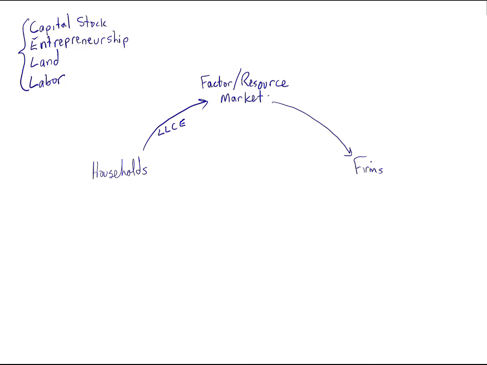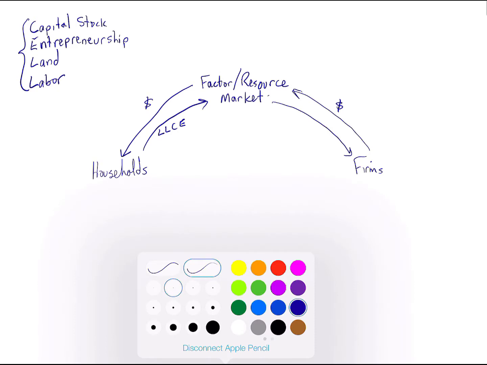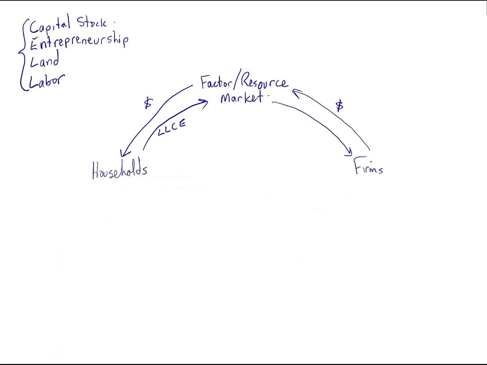Okay, so that's now in return for that, firms are going to pay money. And that money finds its way back to households. Now the money, and I'm going to put this in green because we're talking about money. So for capital stock, we'll call it interest.